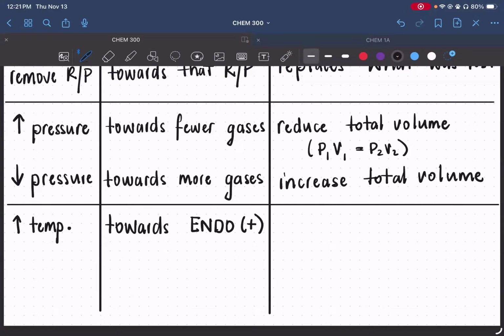When it says positive endo, what does that mean? It means energy enters. Don't forget that the positive and negative refer to direction. The reason why this happens is that we want to absorb that extra heat.